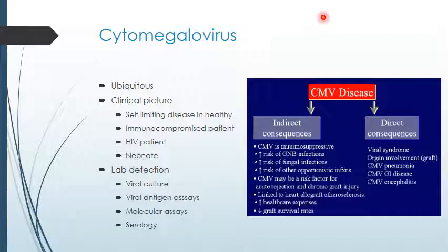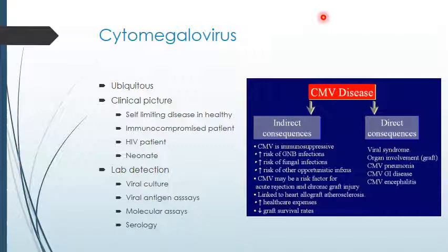So about 10% of infants who are born with congenital CMV will be symptomatic at birth. So even many of them will be asymptomatic. But the symptoms, when they occur in an infant, are usually related to platelet dysfunction and central nervous system involvement.